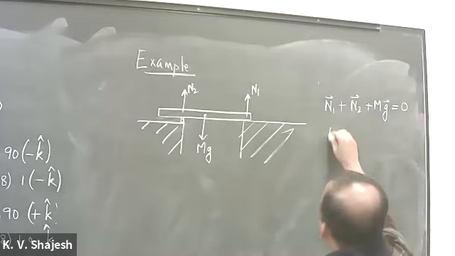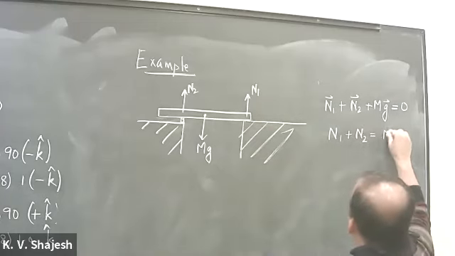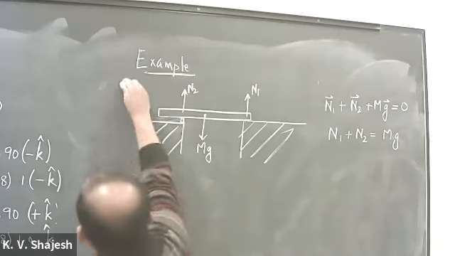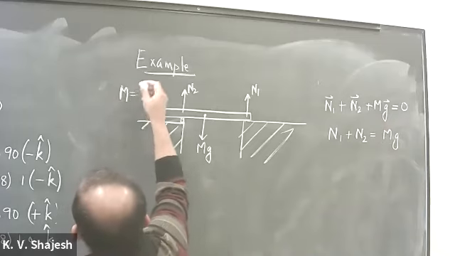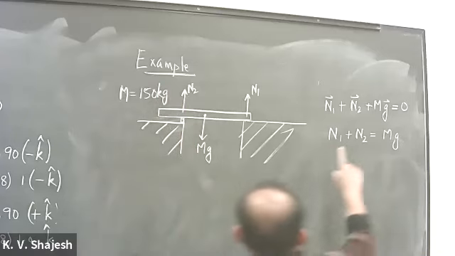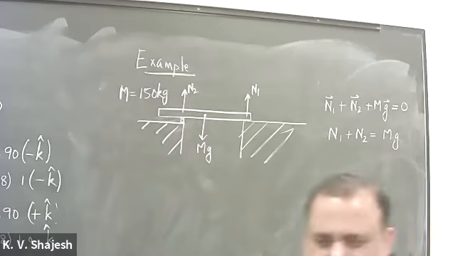And if you were to put in the directions here, we have N1 plus N2 is equal to mg, because mg is pointing downwards, it's negative. Let's say m is given to be 150 kg. So we know the right-hand side, but we don't know N1 and N2, and we might say, oh, we cannot get this because there are 2 unknowns.